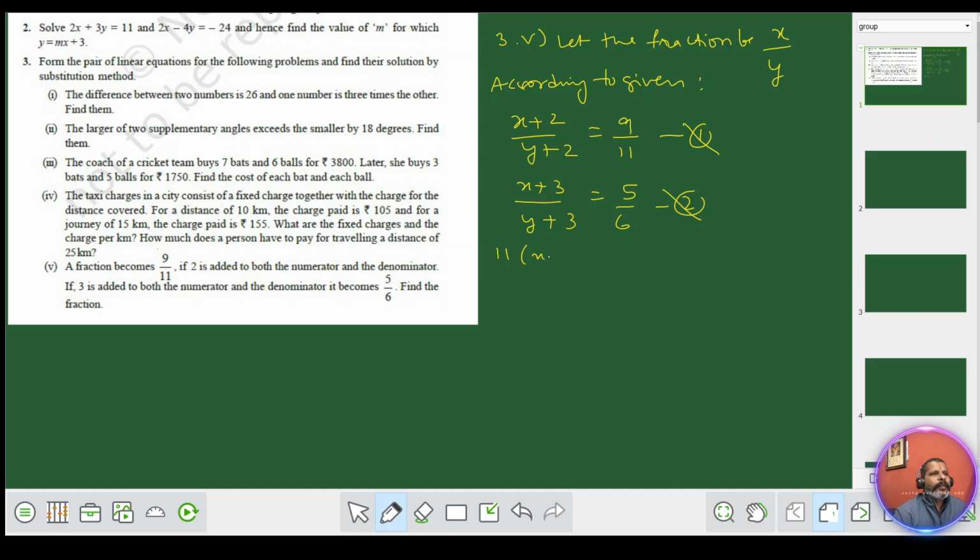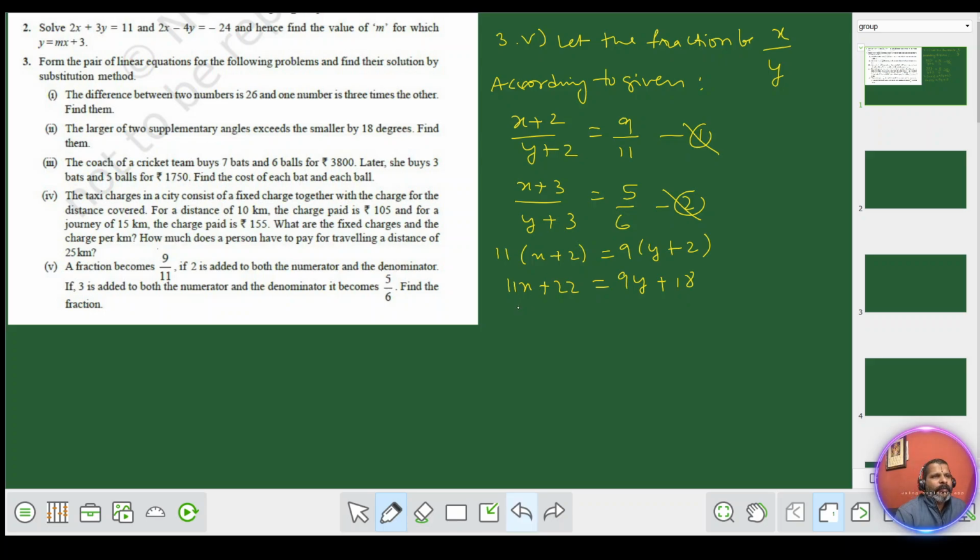So 11 of (x plus 2) equal to 9 of (y plus 2). Solve this. 11x plus 22 equal to 9y plus 18. Anyway, we are solving for x, right?